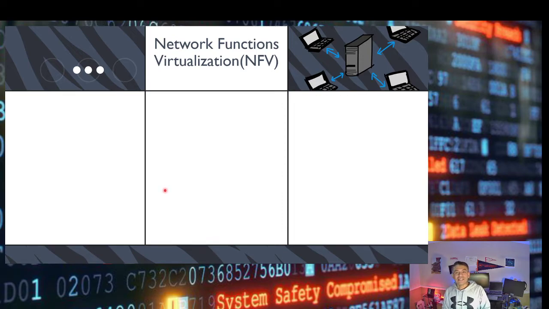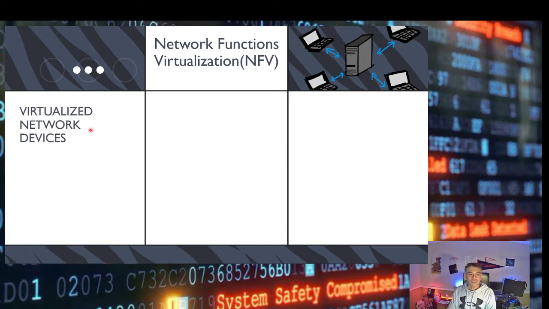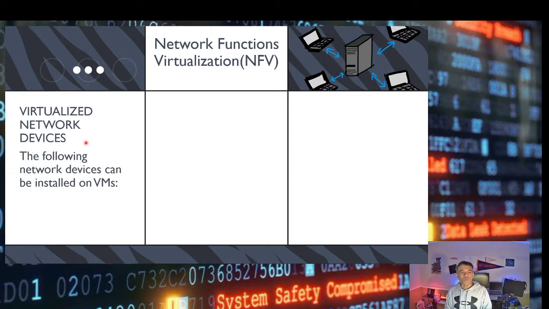Now, for the network functions virtualization, or NFV, you have virtualized network devices. What does that mean? The following network devices can be installed on virtual machines. You have the ability not only to create virtual machines that are running, for example, Windows 10 or Linux or Apple Mac OS as computers, virtual computers running on a host.